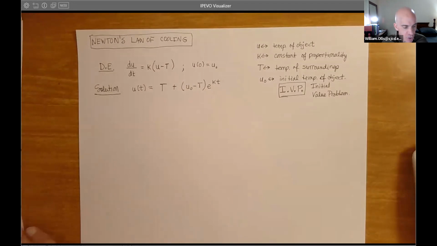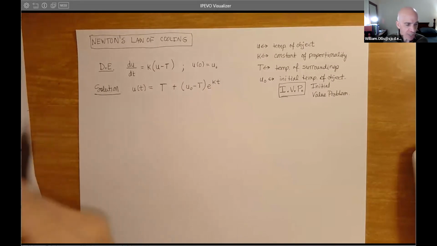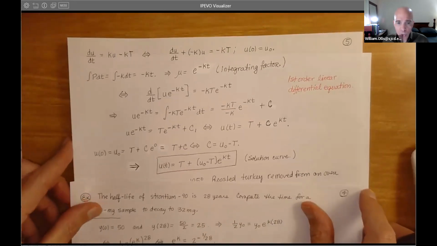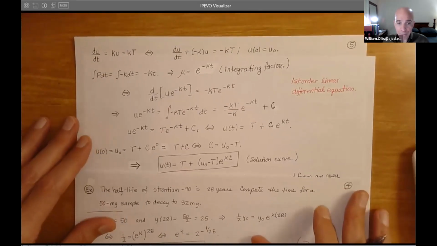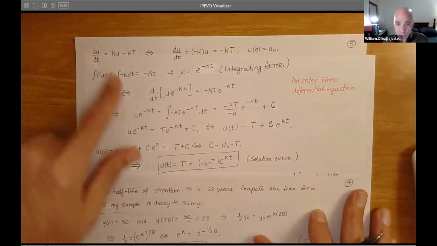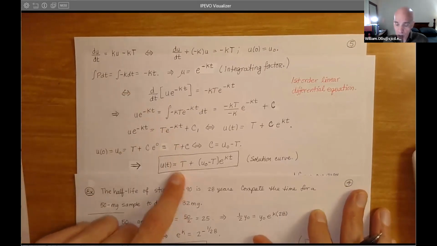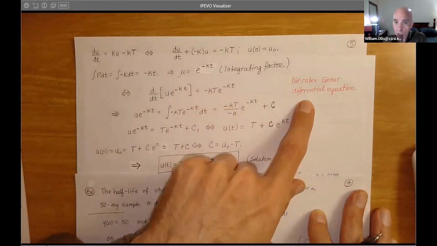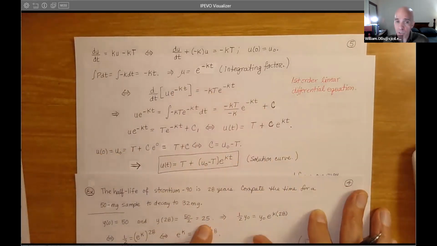I just wanted to share with you before we do the problem, this is what you're going to learn in calculus. When you actually do this type of problem, this is what you'll learn when you take calculus. So you see the solution curve here. And this is just, as I've written over here, a first order linear differential equation.